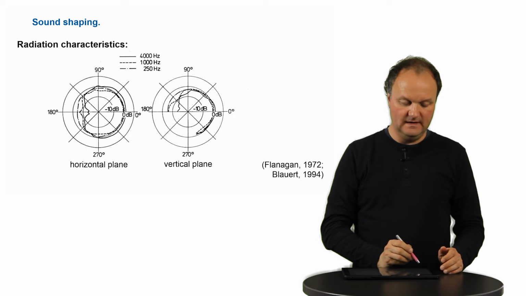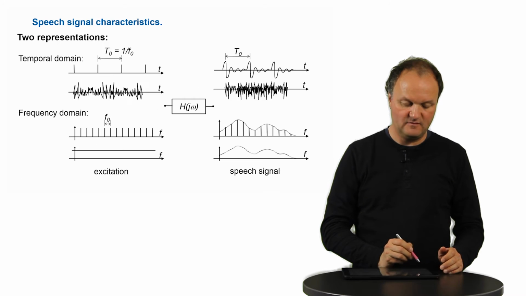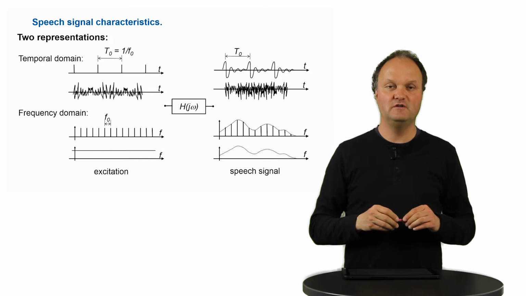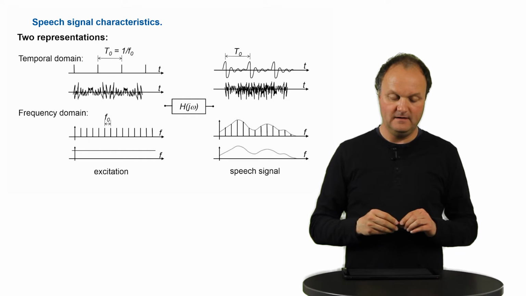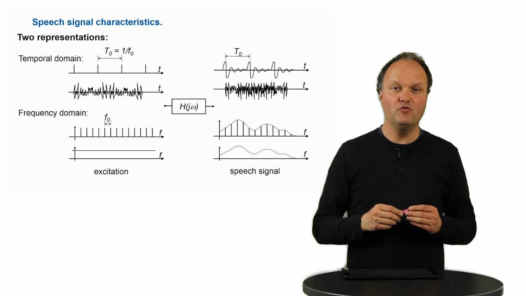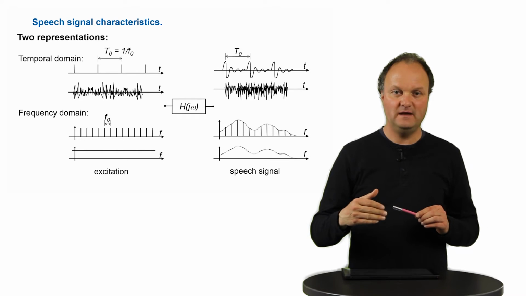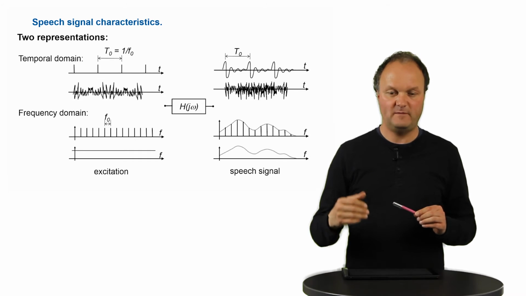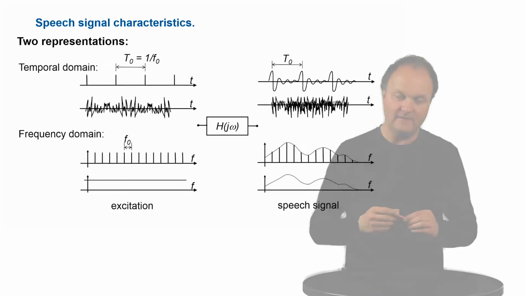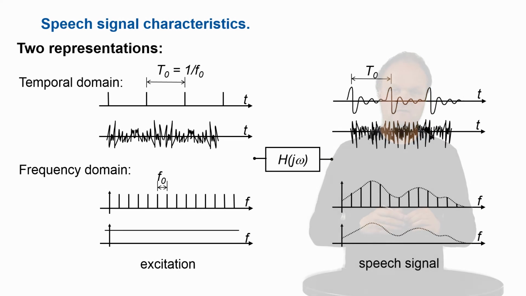We'll now have a look into the characteristics of the speech signals which are produced that way. On the first slide we see two representations of the speech signal, either in the temporal domain or in the frequency or spectral domain. On the left-hand side of those pictures you see the excitation signal only, which is then shaped through the linear time invariant filter, which you see here.